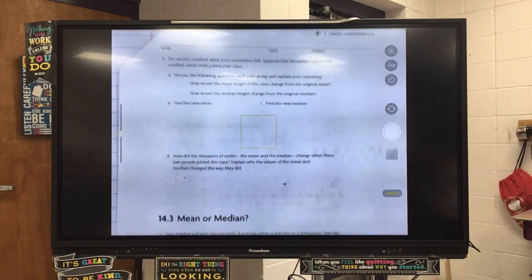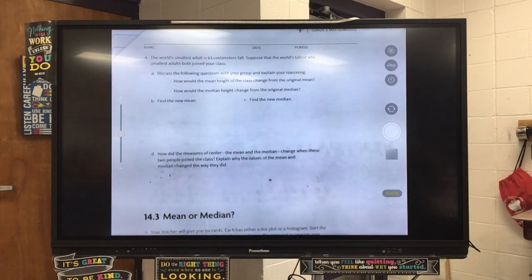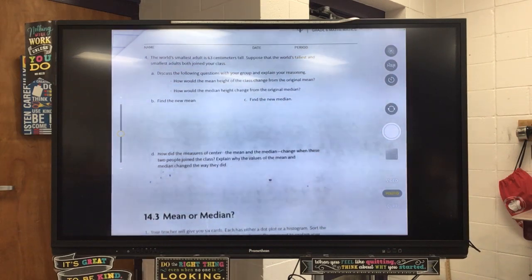All right, flip the paper over. Number 4, the world's smallest adult is 63 centimeters tall. Suppose the world's tallest and smallest adults join your class. So we already added our 26 here, right? So for the person who joined our class with the smallest height, what number do we want to use?